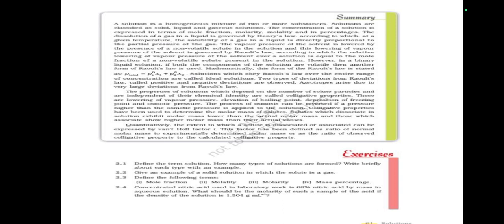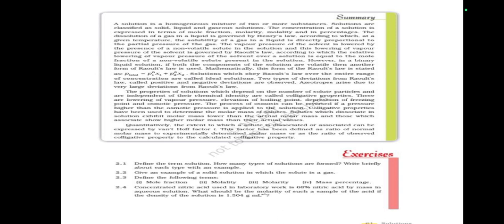Colligative properties have been used to determine the molar mass of solutes. Solutes which dissociate in solution exhibit molar mass lower than the actual molar mass, and those which associate show higher molar mass than their actual values.